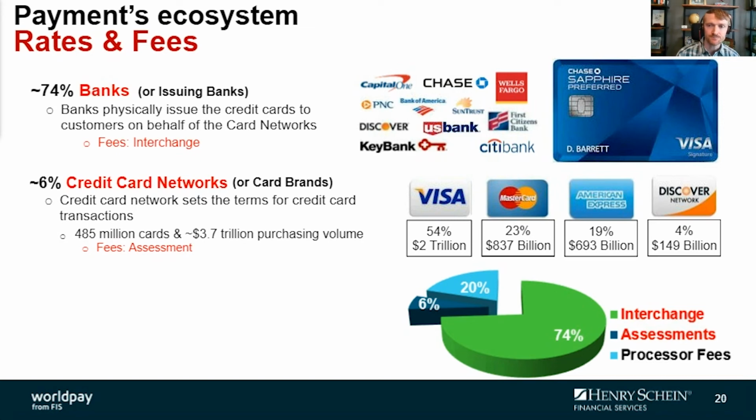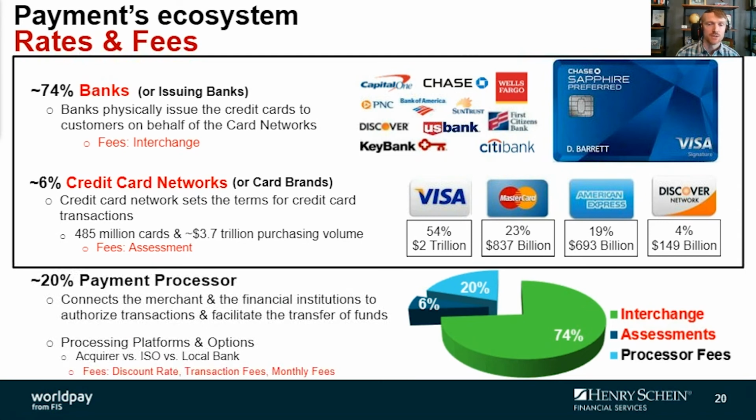So lastly, the credit card processor or the payment processor: think of them as almost like the connective tissue that links the merchant and the financial institutions to help authorize those transactions and then facilitate the transfer of funds. So Worldpay, we're a direct acquirer. We help facilitate the transactions and settling the money to the various banks.